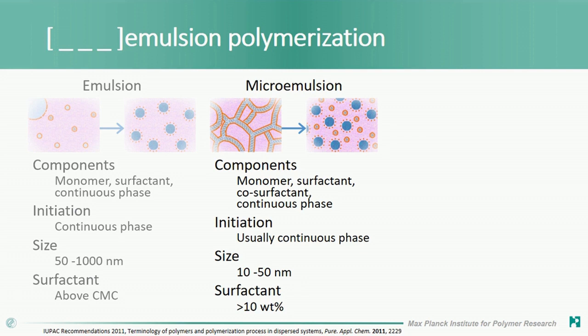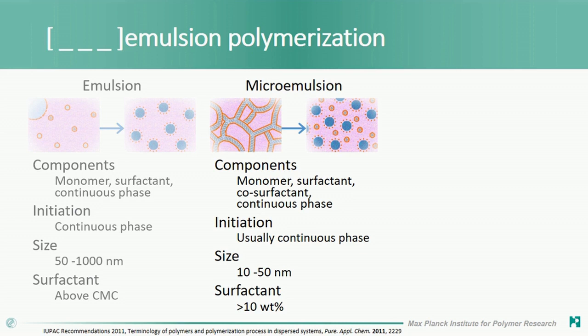And then slowly we add the co-surfactant. This will destabilize the system and will trigger the formation of very small micelles. And then again, through diffusion of the monomers through the continuous phase, we end up with nanoparticles after polymerization. The size here is really small, usually between 10 and 50 nanometers, sometimes even smaller.